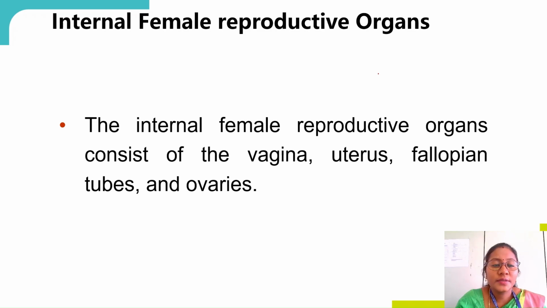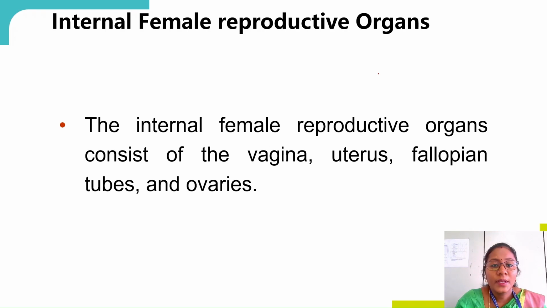Next part we will discuss the internal female reproductive organs. Let us go through today's session. Today we discussed the obstetrical perineum. In the obstetrical perineum we discussed two major parts, the pouch of Douglas and the uterovesical pouch. These two parts we discussed, and then the importance of the perineum.